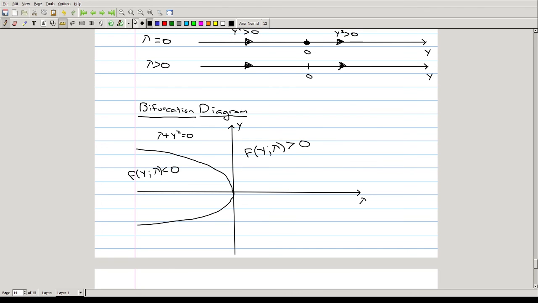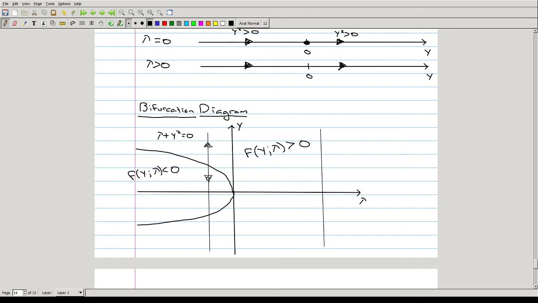And this is very clearly showing the behavior that we found before. If f of y, lambda is positive here, the direction of y for any initial condition on this, for this fixed value of lambda, is positive.